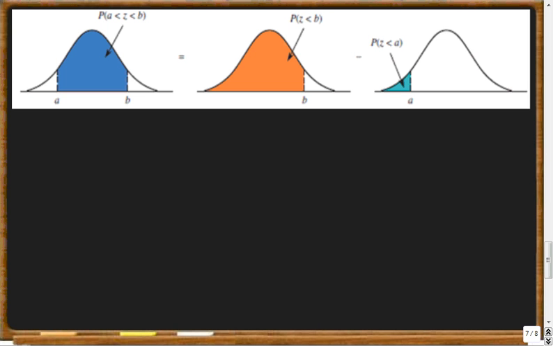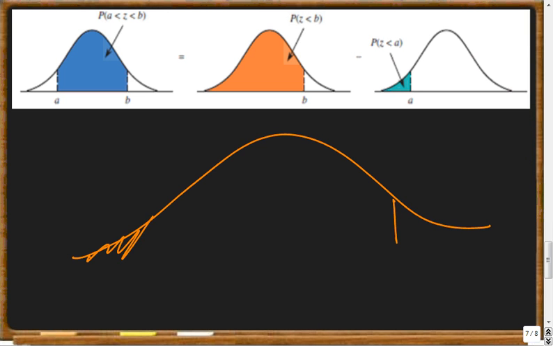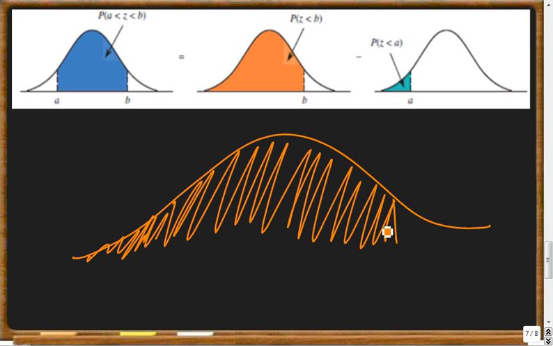Now, what happens if we're trying to find the area between 2 points? Well, what we do is we look at the area up to a certain point, so we go to here, okay? So we find this area. Now, if we were looking for this particular portion here, all we have to do is take away what is below this section.